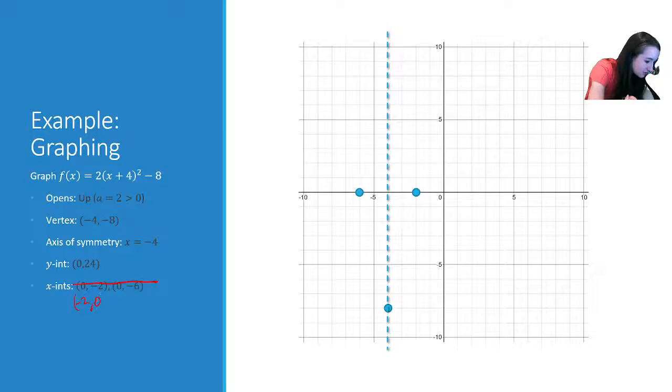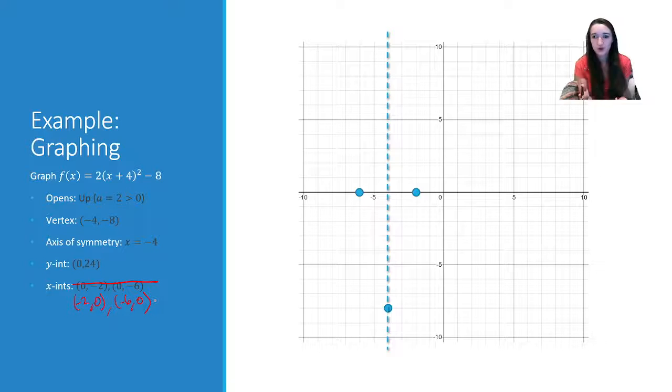That's from, again, setting our equation equal to 0. We can go through the steps of solving that, or we can use some symmetry to help us there.